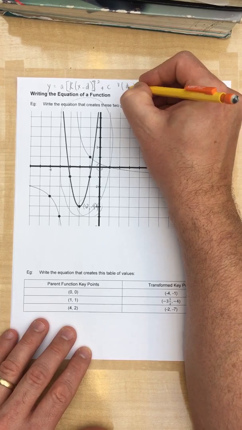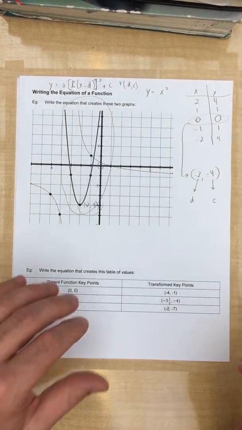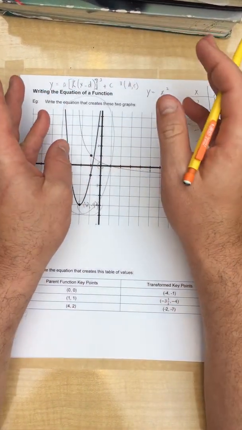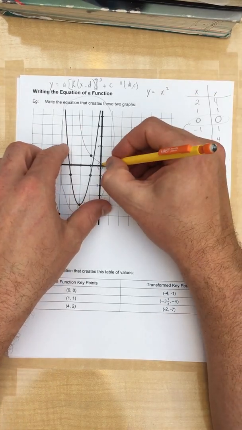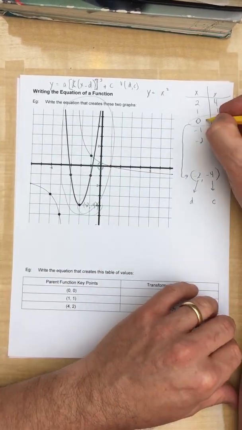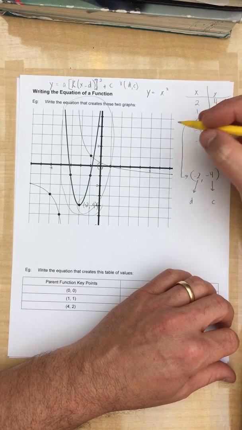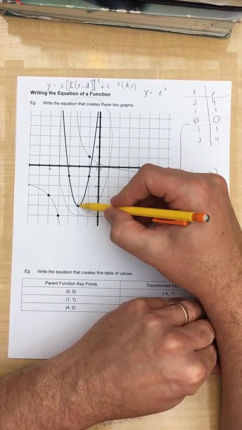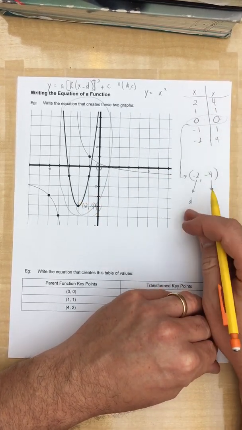It's always d, c, because when you stretch and compress the parabola it gets fatter or skinnier, but the vertex stays invariant. 0, 0 is invariant until you shift it. So just by looking at this vertex, we know that's the d value and the c value.